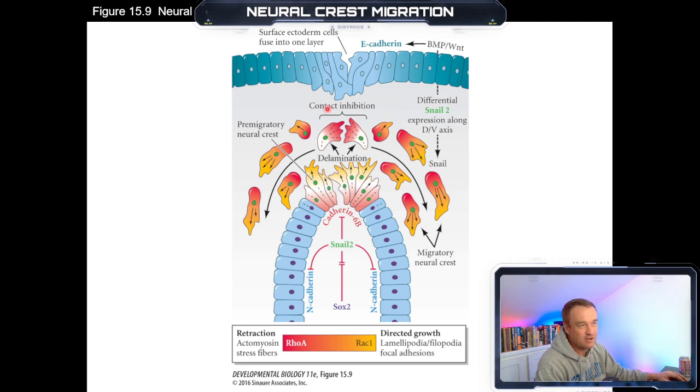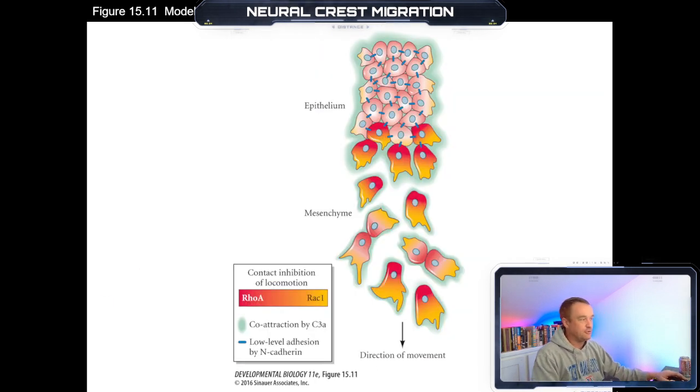This is a weird phenomenon where if these two cells run into each other, they'll go the opposite way. It's like a dispersal, like putting oil in water or whatever. It causes things to disperse. So when they run into each other and experience this contact inhibition, they will stop, turn, and migrate away in opposite directions. This helps to create an equal diffusion to the two lateral sides, right?